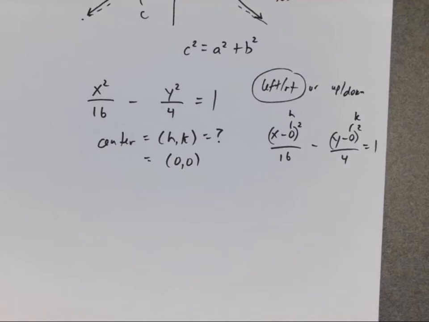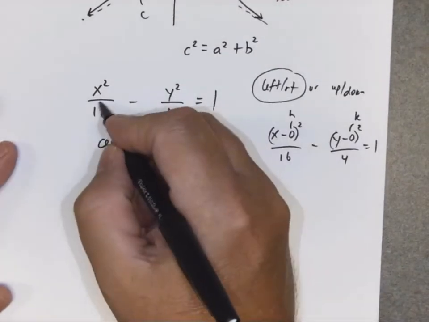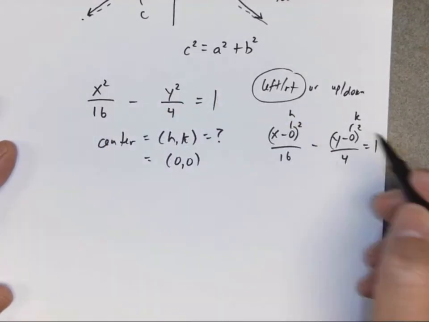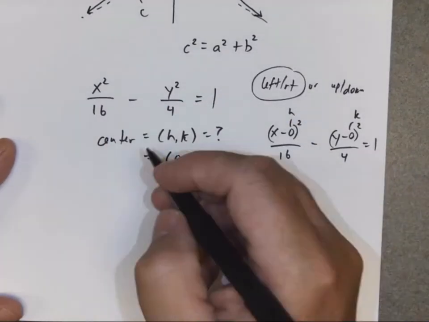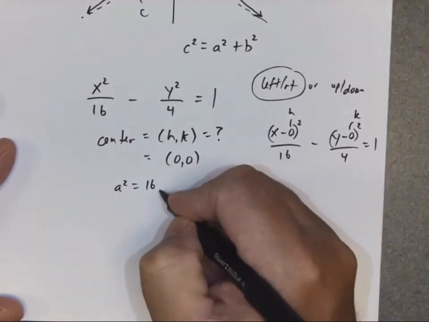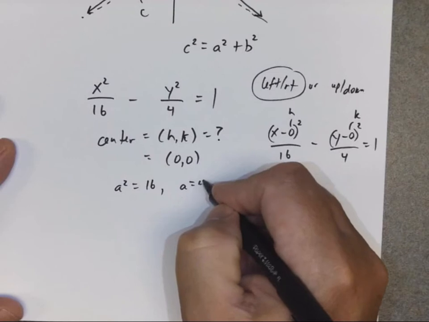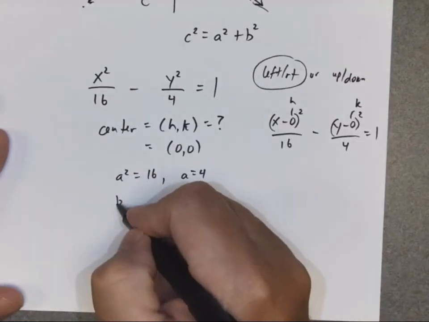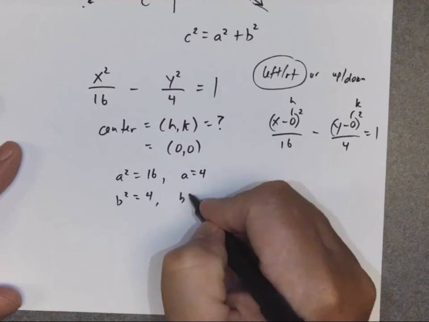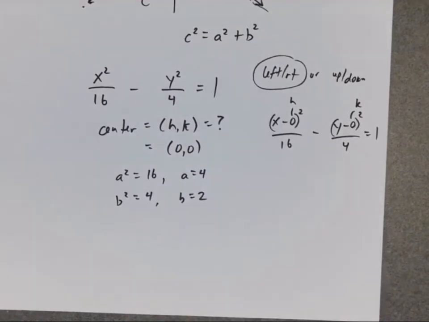Now we need to determine A and B. A squared is always the positive term. So A squared is 16, which means A is 4. B squared is 4, which means B is 2.